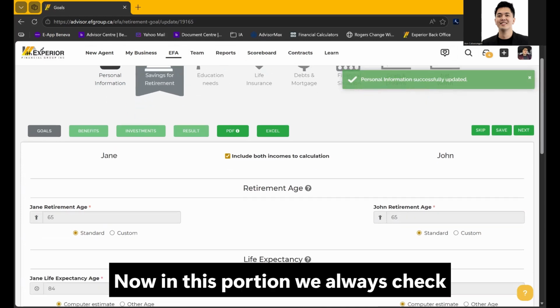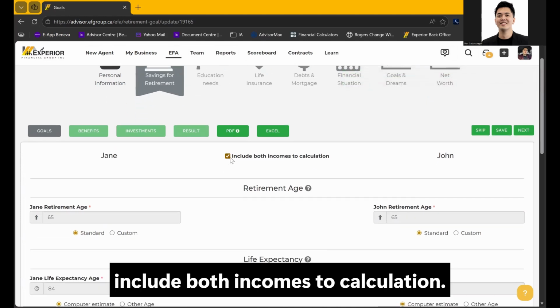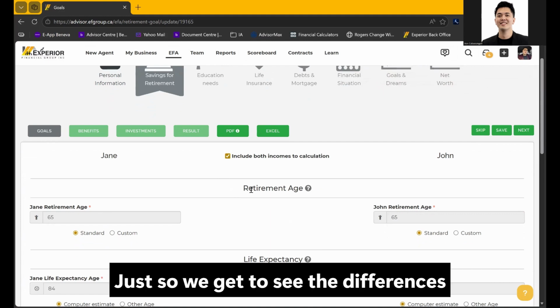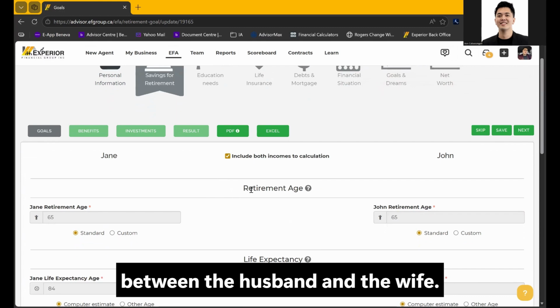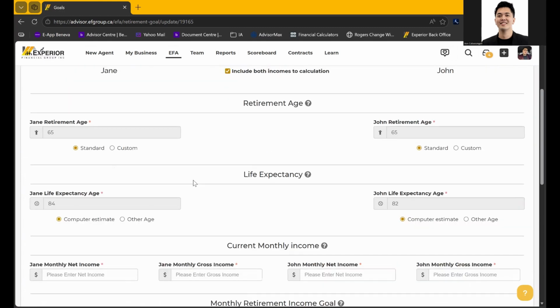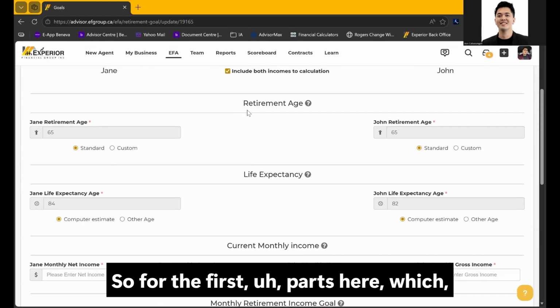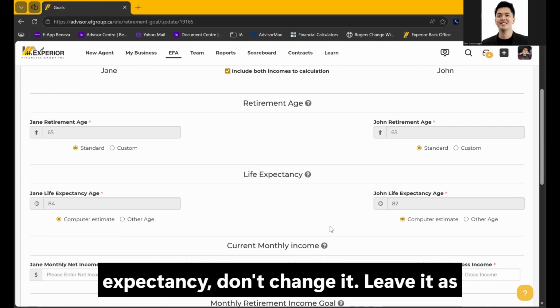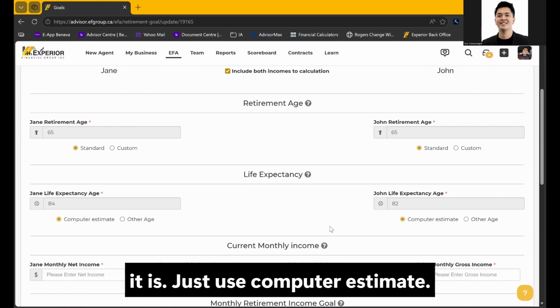Now, in this portion, we always check include both incomes to calculation, just so we get to see the differences between the husband and the wife. So for the first parts here, which are the retirement age and life expectancy, don't change it. Leave it as it is. Just use computer estimate.